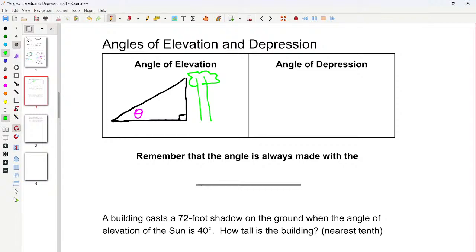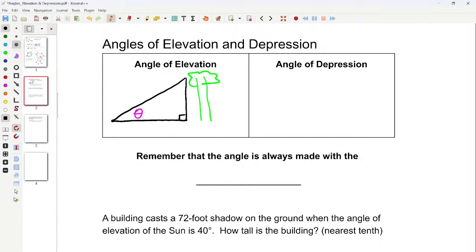Then I might stop right here and say, that's like a 10-degree angle of elevation. Long story short, looking straight across is 0. And then as you look up at something, whether it's the top of a building, top of a tree, or whatnot, that's your angle of elevation.